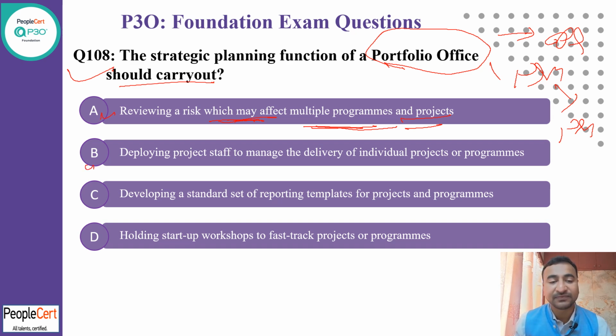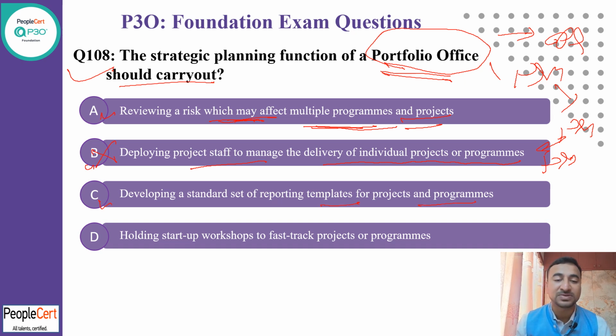Option B says developing project staff to manage delivery of individual projects and programs. That is the responsibility of your project office, not a portfolio office. So you can straight away discard option B. Option C says developing a standard set of reporting templates for projects and programs.